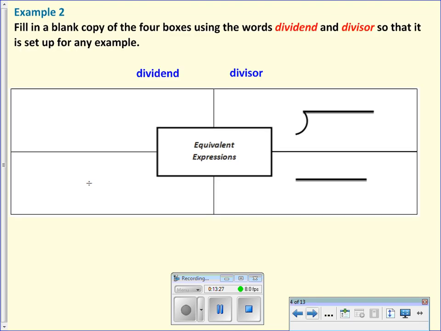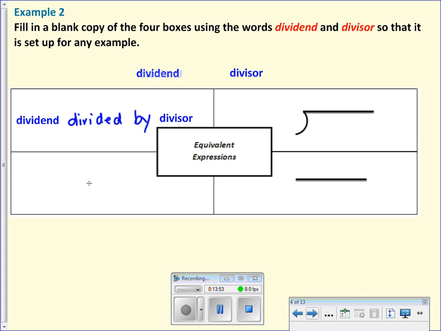So we can do dividend divided by the divisor. So the first way we could write it is with words. You're writing this on the bottom of page 63, example 2.